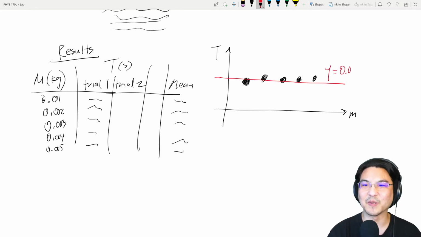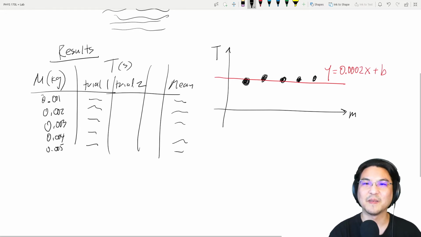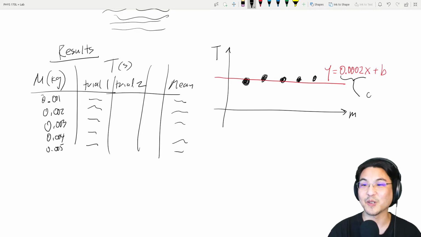I'm just making up numbers. Whatever it is. And then you say, right, then you can say the slope is close to 0.